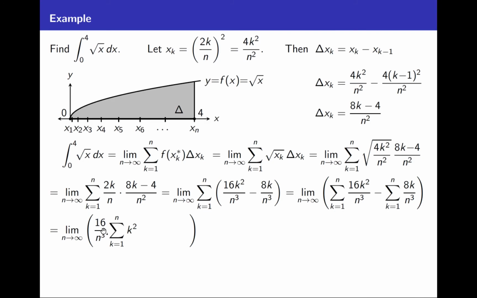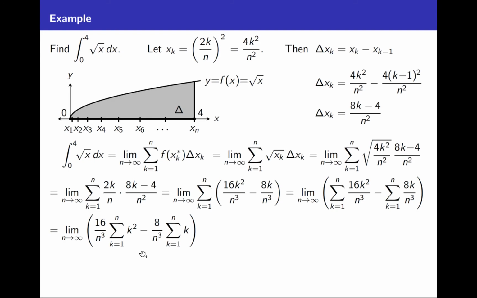So let's do that. The 16 over n cubed came out and left us with just a k squared, and then minus the 8 over n cubed comes out and leaves us with just a k.